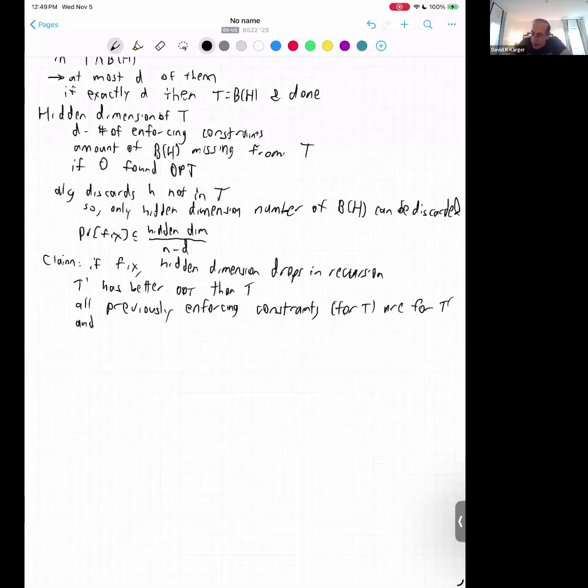And we also know that the left out constraint that we need to fix is enforcing, because otherwise we wouldn't have to do the recursion at all. So T prime has at least one more enforcing constraint, but this is where we use the fact that we can get lots of constraints all at once. So in general, we're going to get many constraints.